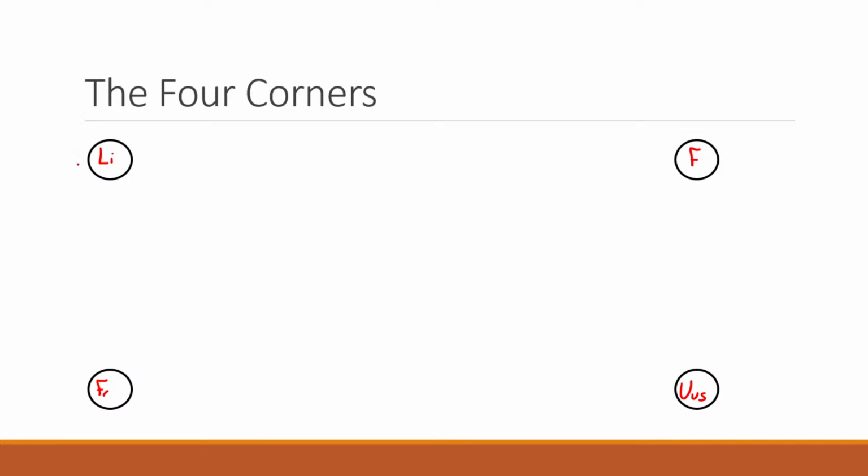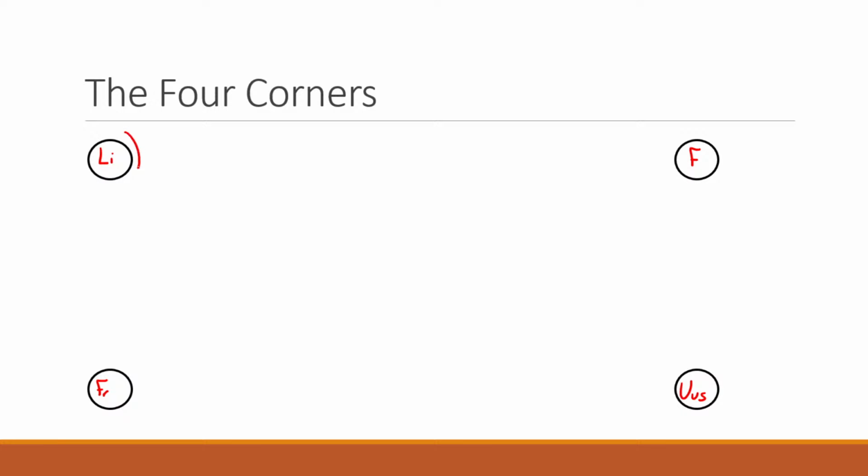These represent the upper left, upper right, bottom left, and bottom right corners of the periodic table. Lithium and fluorine are in the same row. Francium and ununseptium are in the same row. Lithium and francium are in the same column. And fluorine and ununseptium are in the same column.